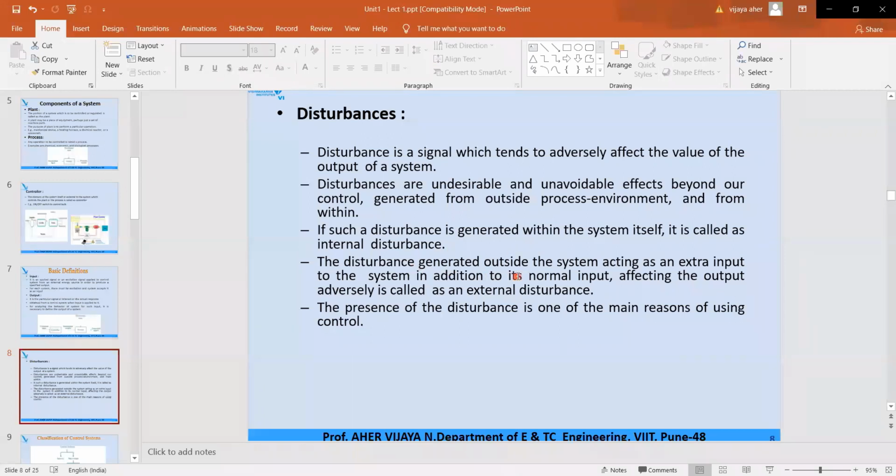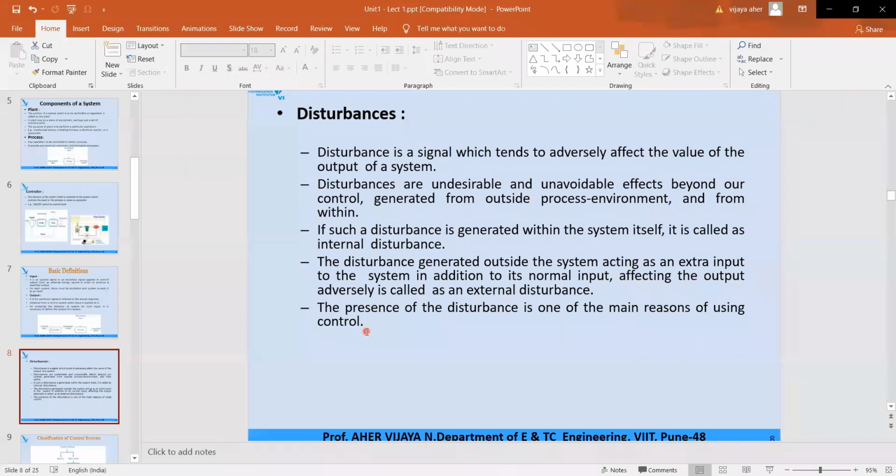So the disturbance generated outside the system acting as an extra input to the system, in addition to its normal input, affecting the output adversely, is called as an external disturbance. The presence of disturbance is one of the main reasons of using control. So this is what about disturbance.